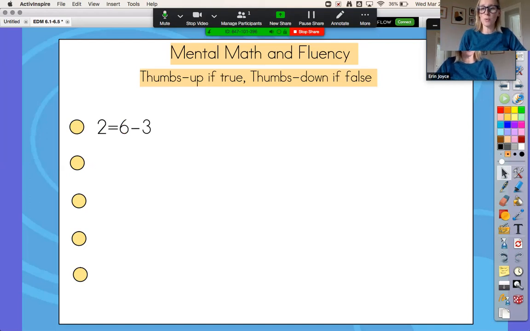It says 2 is equal to 6 minus 3. 2 is equal to 6 minus 3, or is 2 the same as having 6 and losing 3? Think for a minute. You're going to give me a thumbs up if you think that's a true number sentence, or a thumbs down if you think it is not.